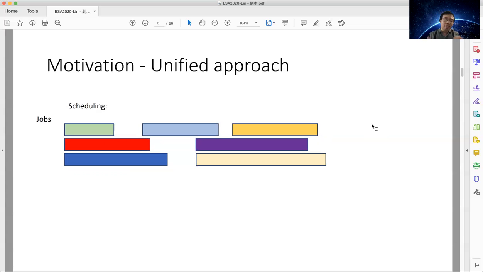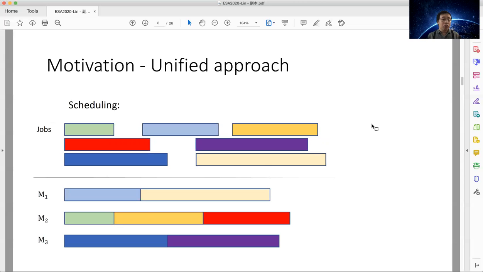So let's consider the standard scheduling problem where we are given a bunch of jobs. Here I use rectangles of different colors to represent jobs, and the length of the rectangle represents the processing time of the job. We also have a bunch of machines, and each job has to be processed continuously on one of the machines.